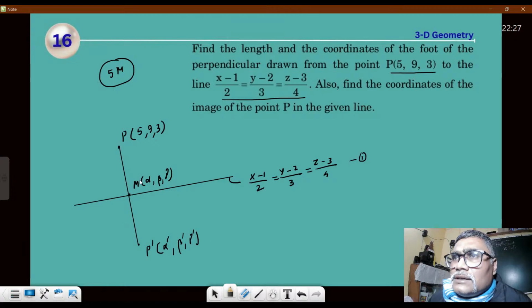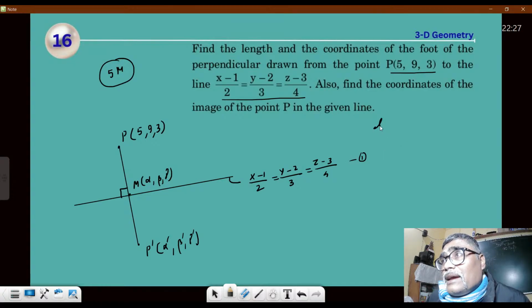So now, first thing what I noticed here, please be very careful about that. This is the foot of the perpendicular drawn from this point. So this particular point is lying on this particular given line, right? So that means this M is going to satisfy this. So how do I write the statement?